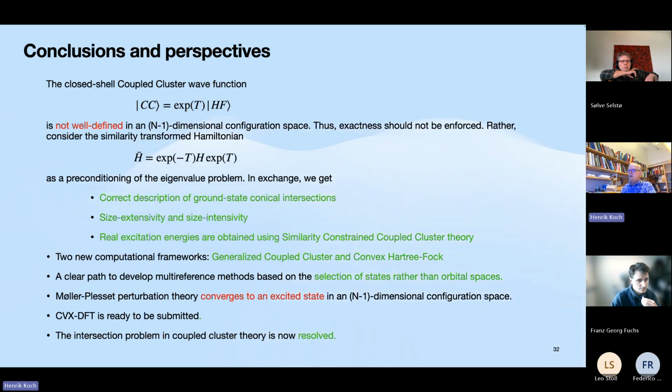So we have two frameworks. We have generalized coupled cluster and we have convex Hartree-Fock theory. I think we will probably merge those two names and just call them convex, because that is the case for both of them.